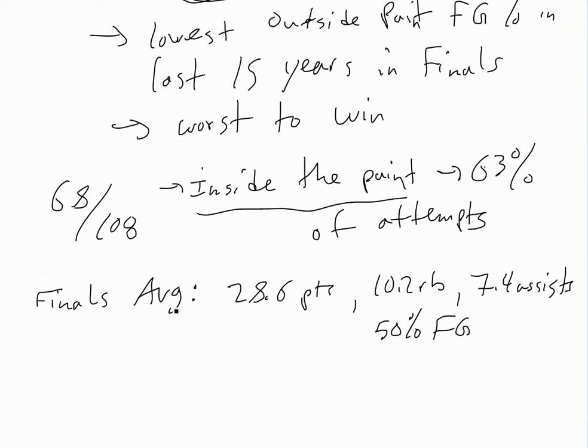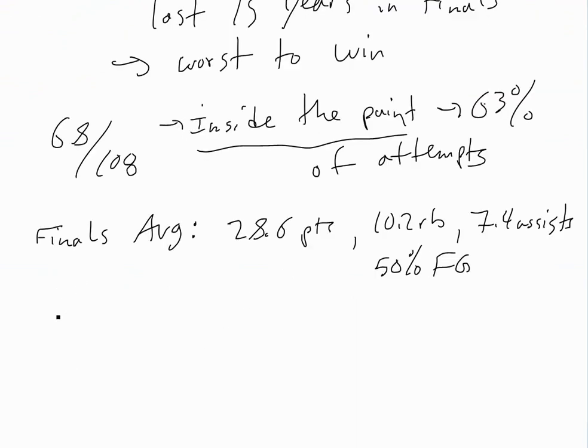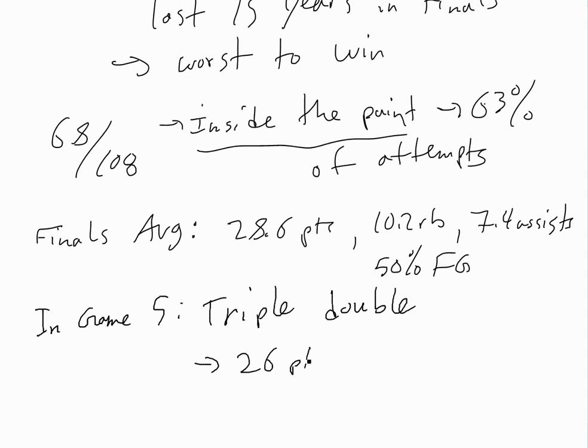And then in the Game 5 clincher, he had basically a triple-double in clinching it, and he joined the likes of Larry Bird, Magic Johnson, and Tim Duncan and whatnot. He had 26 points, 11 rebounds, and 13 assists, which is quite incredible, especially for a clinching game.